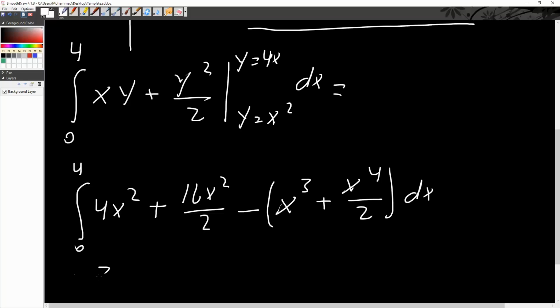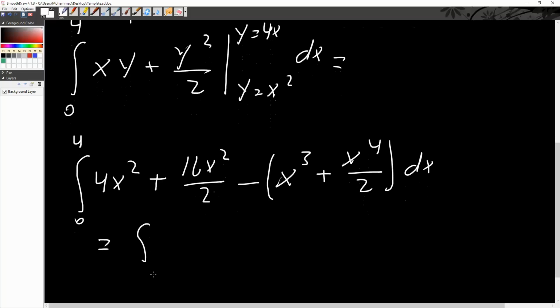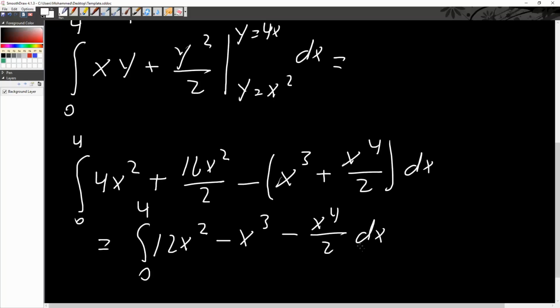If we simplify by adding, we would have 4x squared plus 8x squared. So that's going to be 12x squared minus x cubed minus x raised to the 4th divided by 2 in terms of dx. And now we take the integral of this in terms of dx.